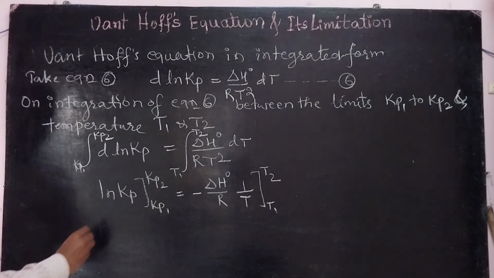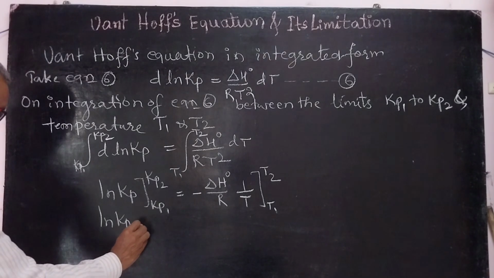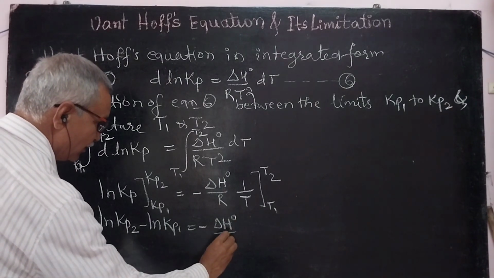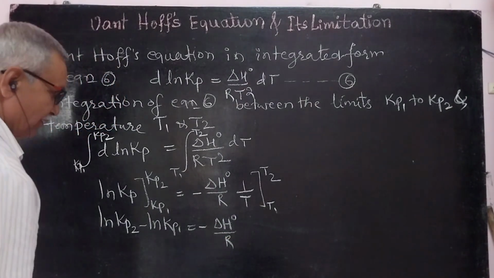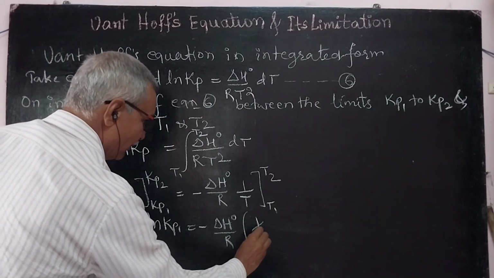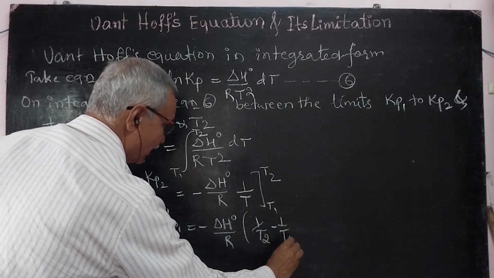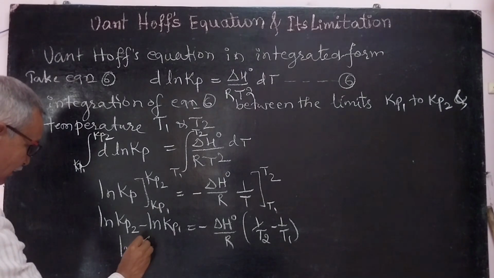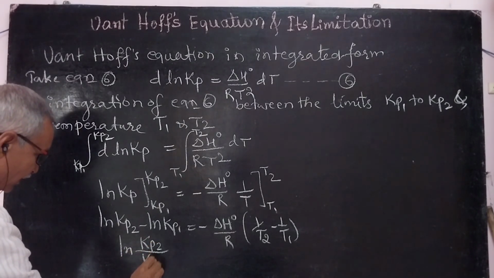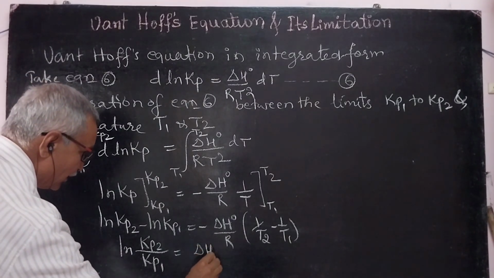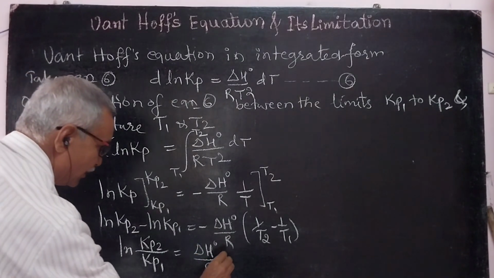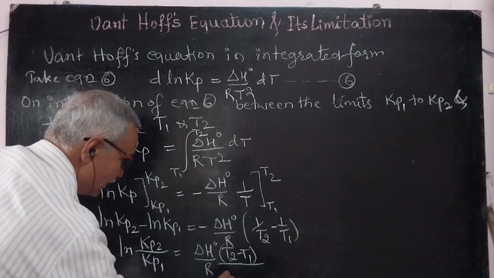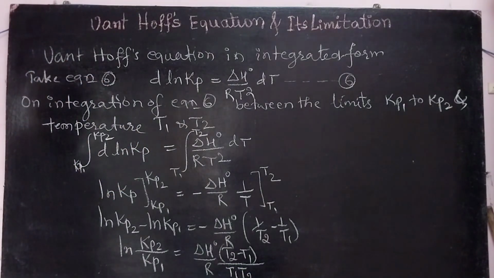This is equal to ln Kp2 minus ln Kp1 equal to minus delta H naught divided by R into bracket 1 divided by T2 minus 1 divided by T1, that is equal to ln Kp2 divided by Kp1 equal to delta H naught divided by R into T2 minus T1 divided by T1 T2.